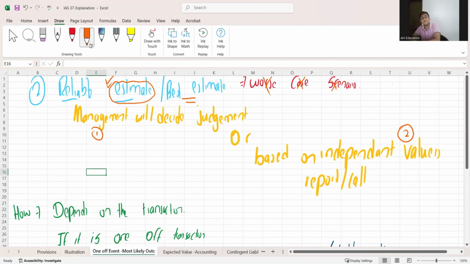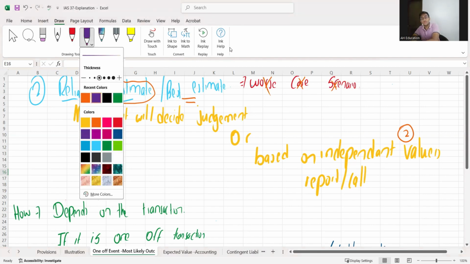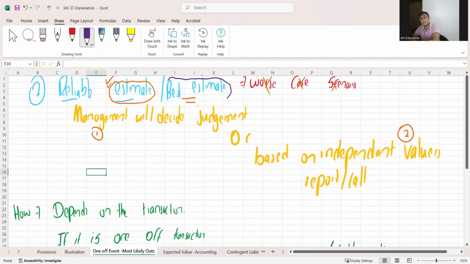So therefore, you are required to take the best estimate, which includes both the worst case scenario as well as the positive case scenario. In other words, both your positive impact and your negative impact need to be incorporated when you are doing your estimate for provision.